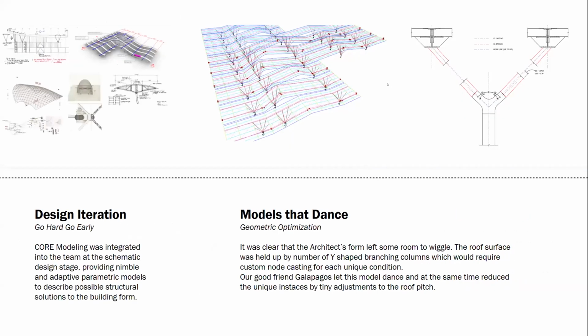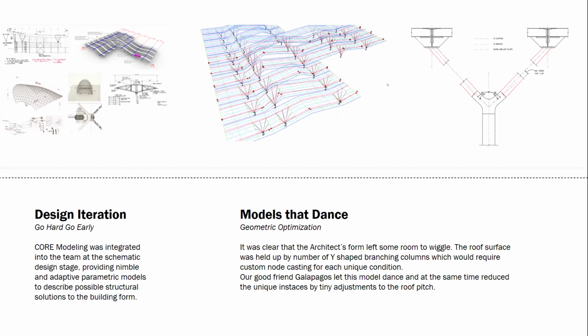So at the very beginning, we were talking about design iteration with the engineers. We were integrated into the design team to develop parametric models to quickly describe the systems that the engineers were thinking about to the architects. Once we moved past that part into schematic design, because we were so ingrained with the team, it was easy for us to suggest some changes.